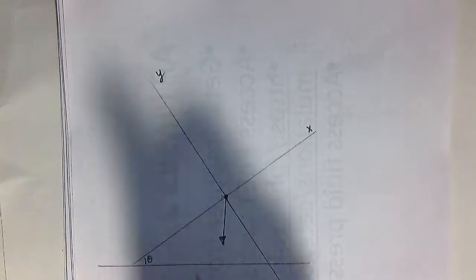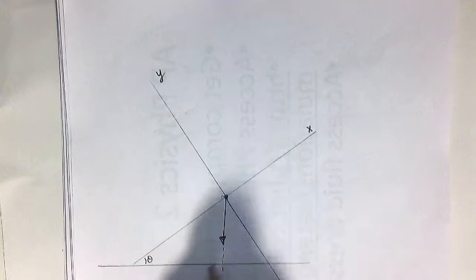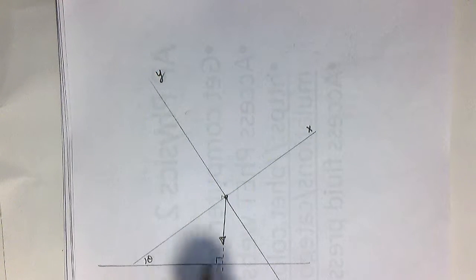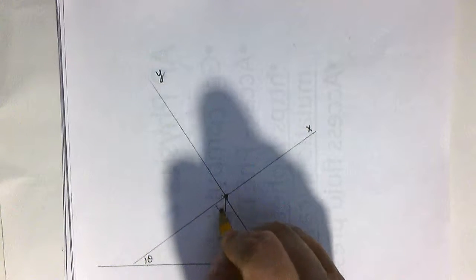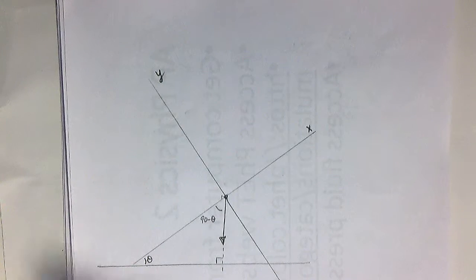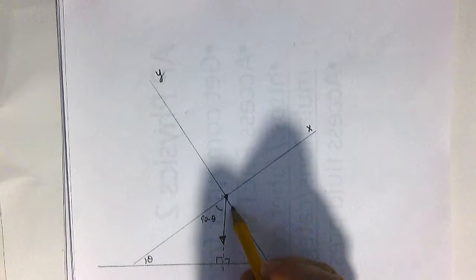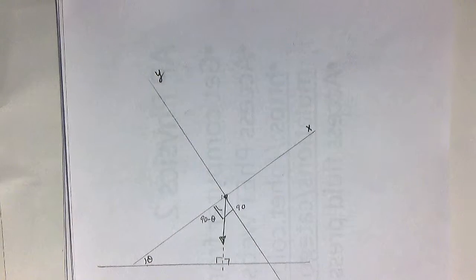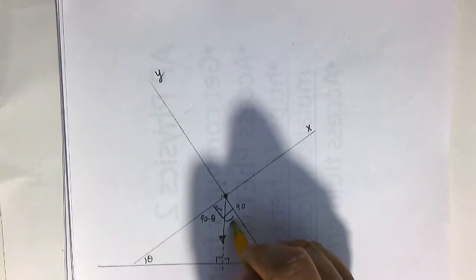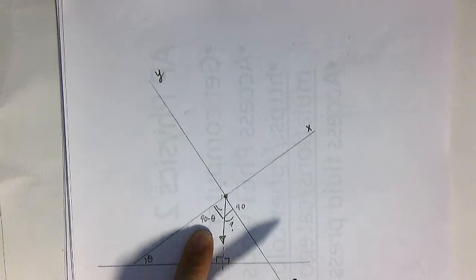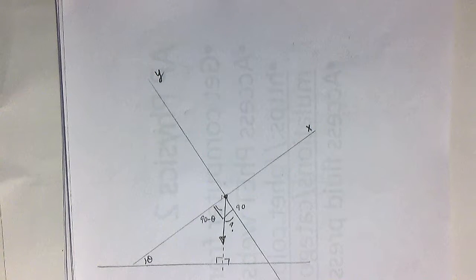Okay, I know that if I were to draw this straight down, that this would form a 90-degree angle. Okay, this is theta, this is 90. That means that this angle right here has to be 90 minus theta. Okay, this is also a 90-degree angle. This angle right here is also a 90-degree angle. That means that this angle right here, which is what we're looking for, plus the 90 minus theta must equal 90.